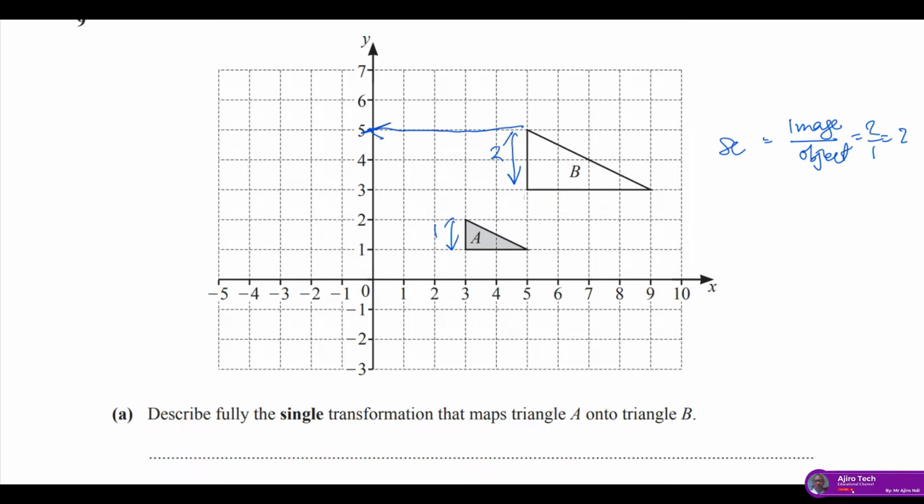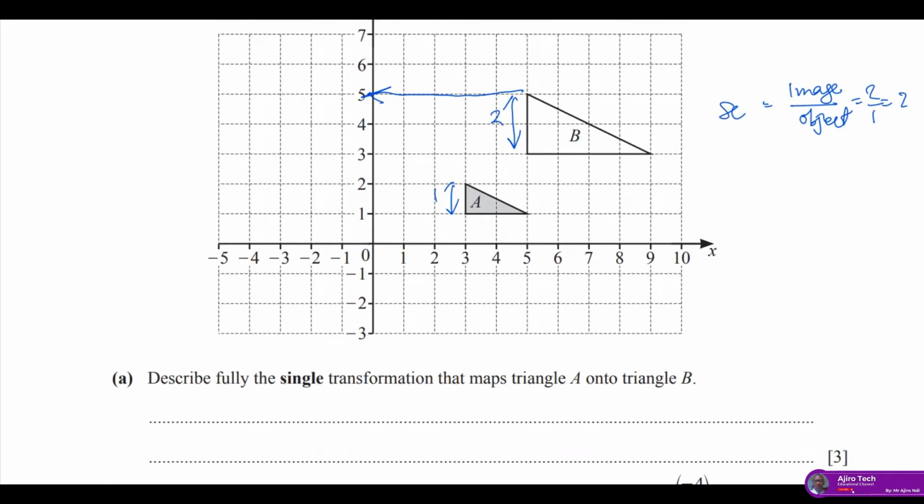You can see that it is an enlargement. The scale factor is 2.